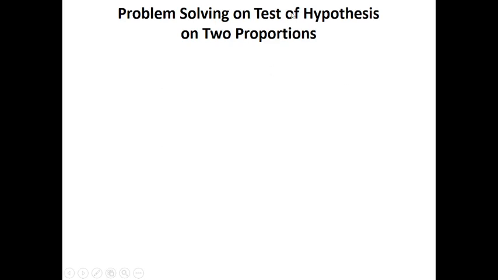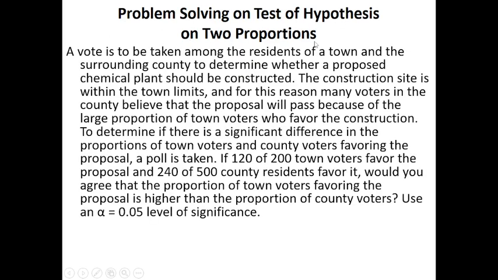This time, we have two proportions to consider. So here's the problem. A vote is to be taken among the residents of a town and the surrounding county to determine whether a proposed chemical plant should be constructed. The construction site is within the town limits, and for this reason, many voters in the county believe that the proposal will pass because of the large proportion of town voters who favor the construction.